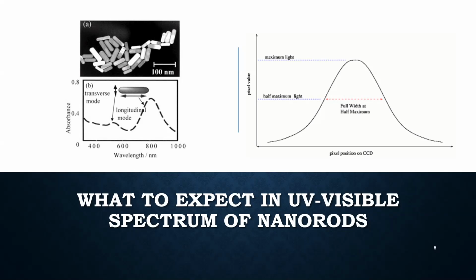Adapting Gaussian distribution theory, the narrower and taller the longitudinal peak is, the more uniform the rods yield. Hence, the full width at half maximum of the absorption is measured to determine the uniformity or monodispersity.